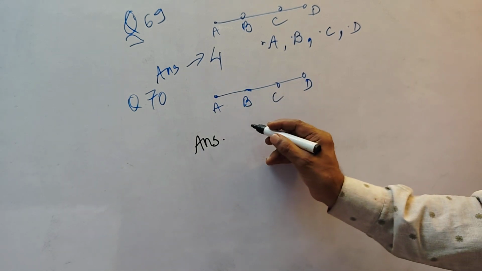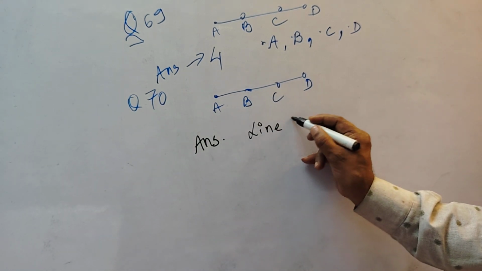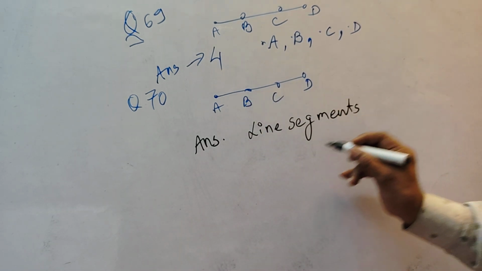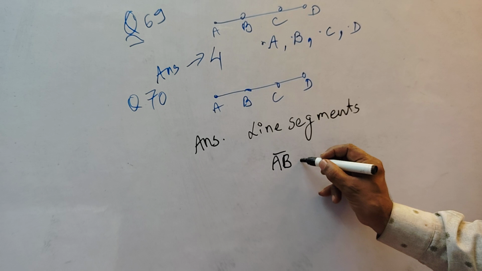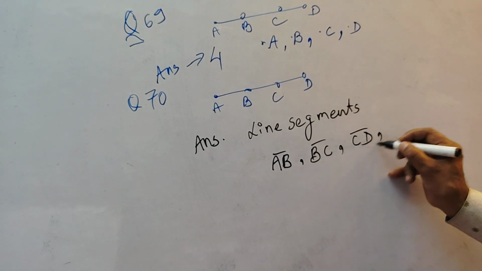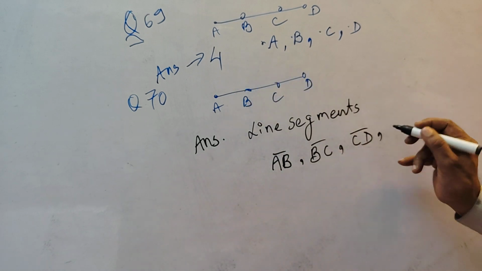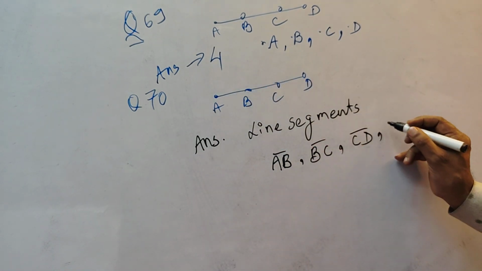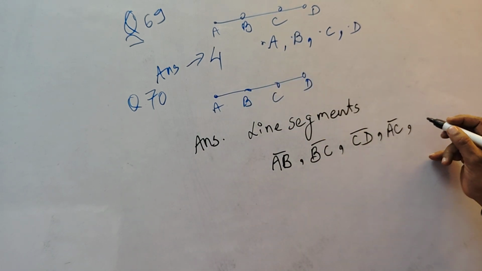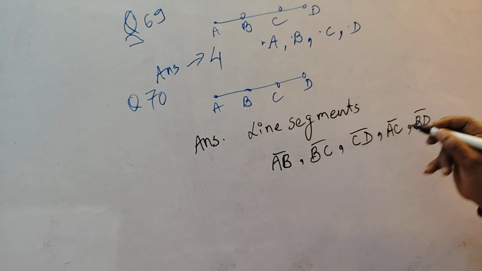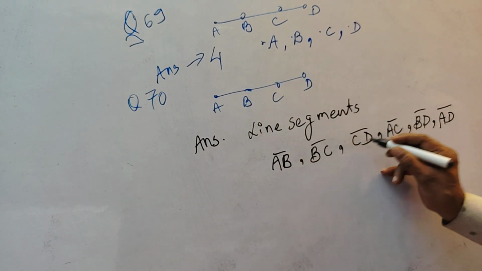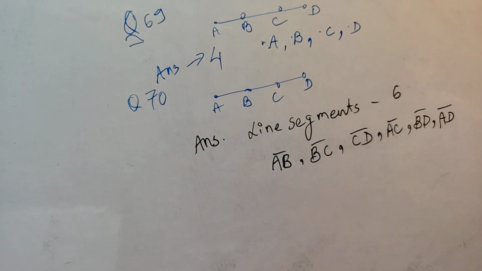First we can write the smaller ones: AB, BC, and CD, 3 smaller line segments. When we add 2 segments, AB plus BC, that means AC is also a line segment, and next one is BD: BC plus CD is BD. And last, the whole AD is also a line segment. So there are 1, 2, 3, 4, 5, 6: 6 line segments.